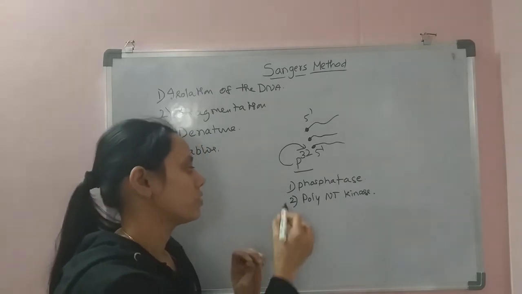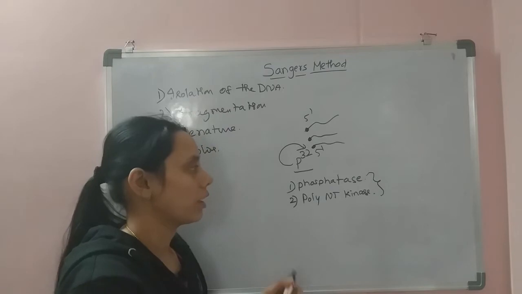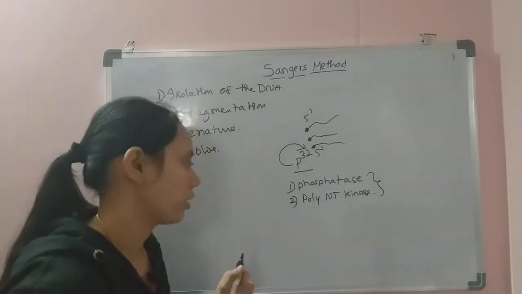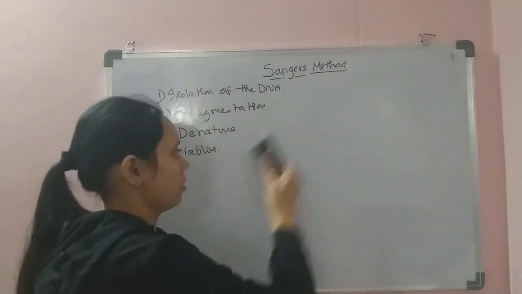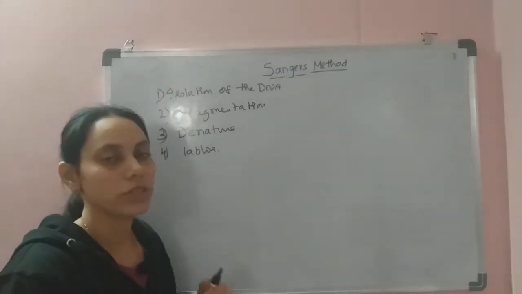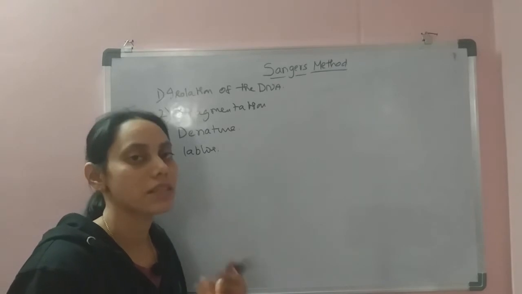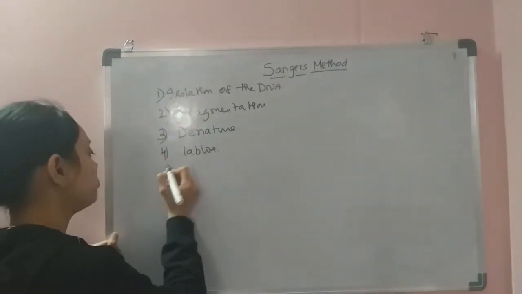With the help of these, we can label the DNA fragments with a radiolabel like P32. The labeling helps us visualize the fragments during the following process in gel electrophoresis. That is what labeling is important for.